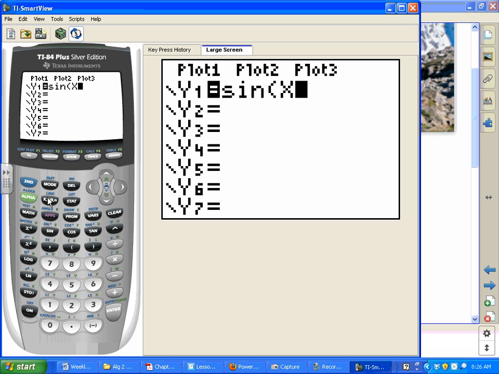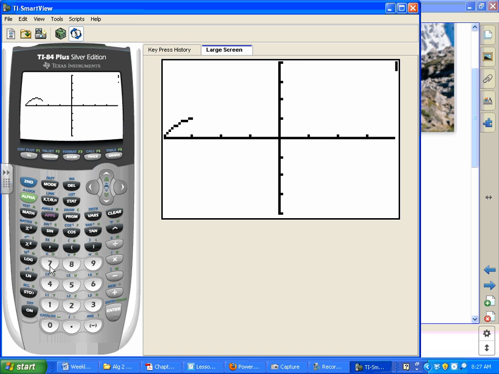Here's the graph of sine. If we took those values from the unit circle and plotted them, we would get this graph. This graph goes on and on and on.